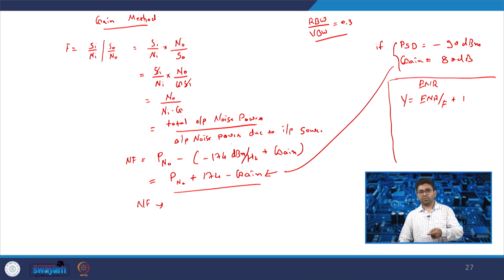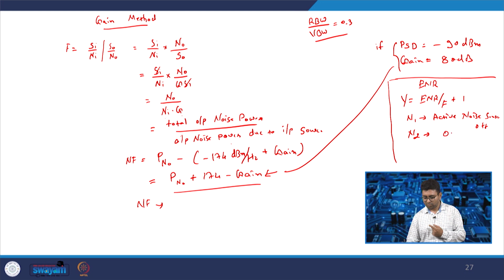So, you need to find the power when the active noise source is off, and then another power when it is on.